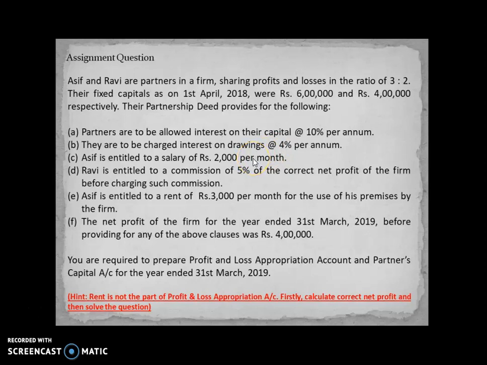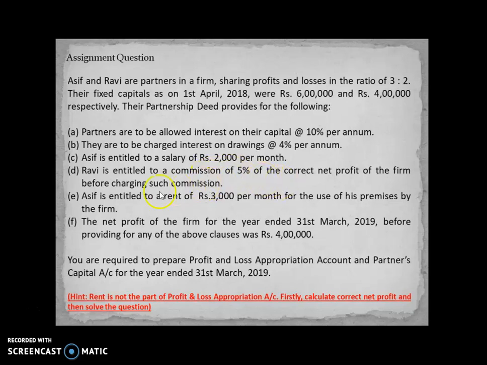Asif is entitled to a salary of rupees 2,000 per month, so this is an expense and the income, expense for the company and the income for partners. So when the partners capital account is considered, whatever the income is for them will come on the credit side, and that will be an expense for the partnership firm. It will come on the debit side of the P&L appropriation account.